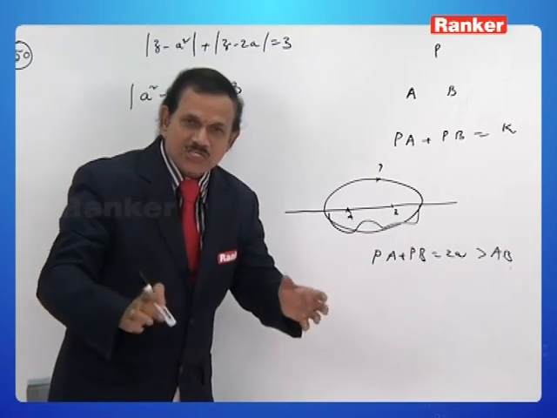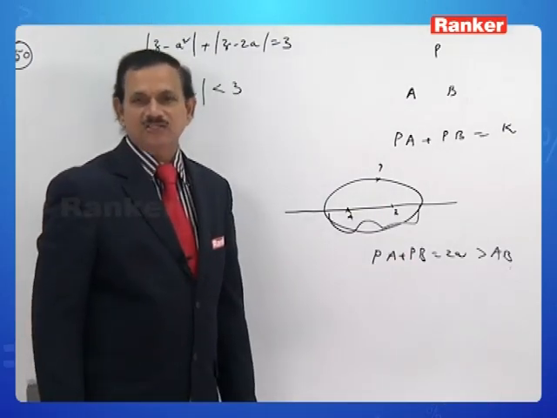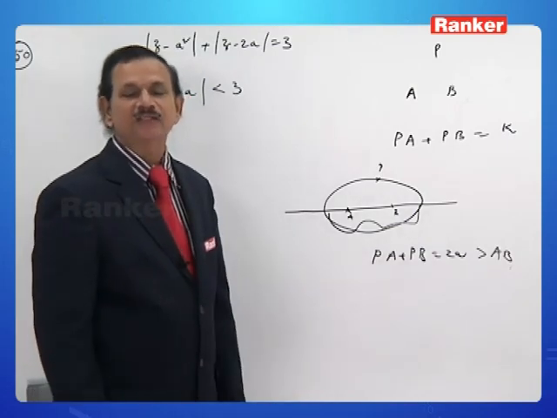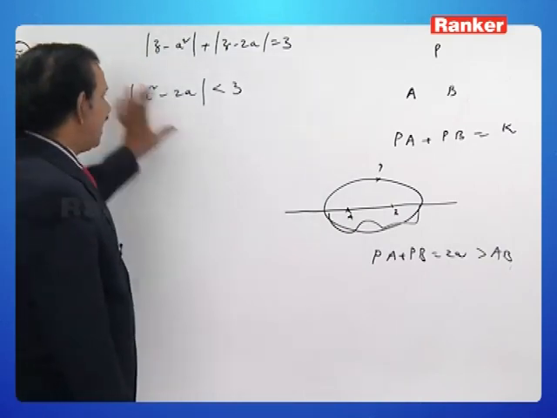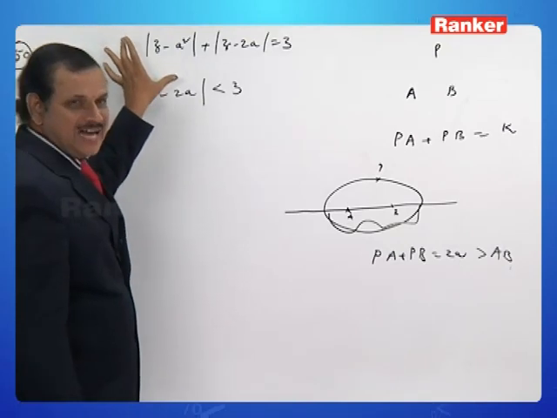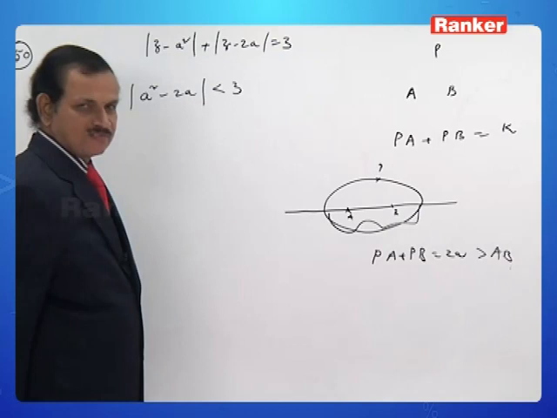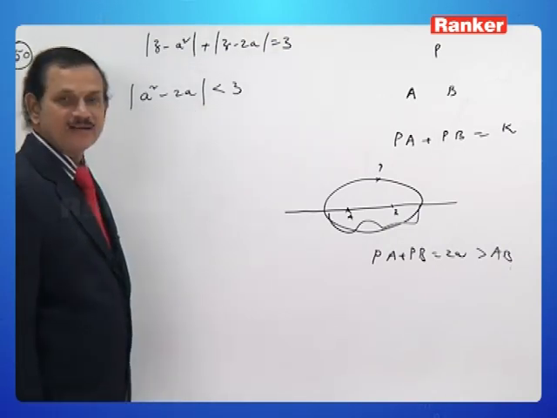This is the crucial and key point here to catch. Unless or otherwise, it is not possible at all to trace the domain of A. Yes, we are able to have this step simply because he has said that this equation represents an ellipse. That is why mod A square minus 2A is less than 3.